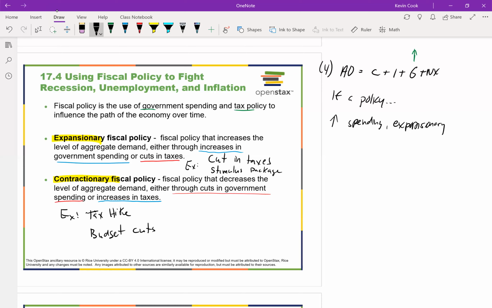Then the reason for each one is going to be just like we saw last week with fiscal policy. We still want to use our countercyclical policies. So if times are good, I want to pass contractionary policy.